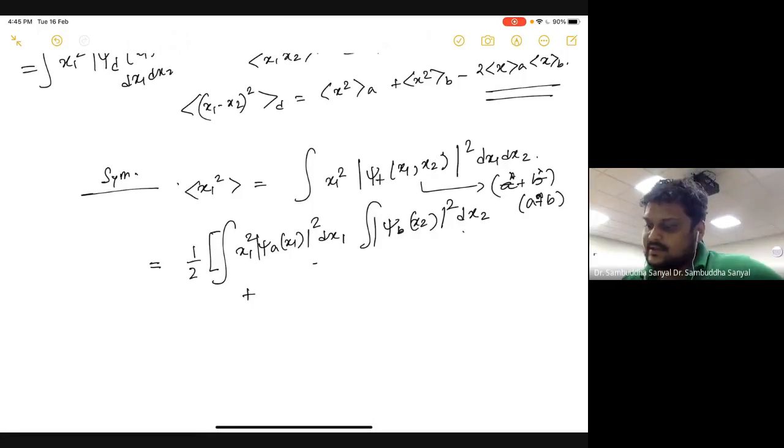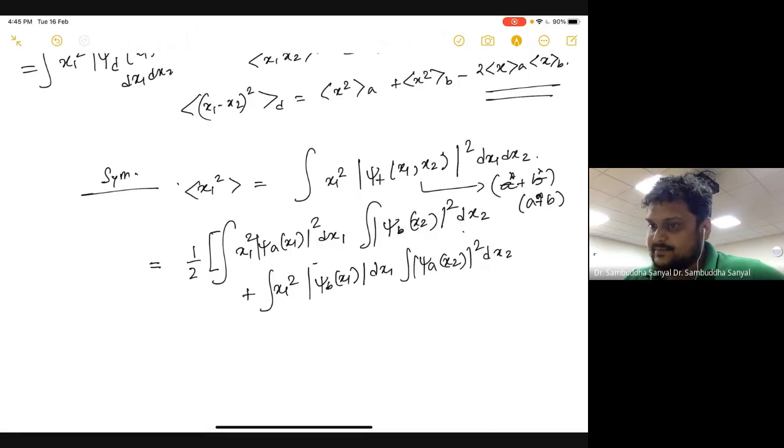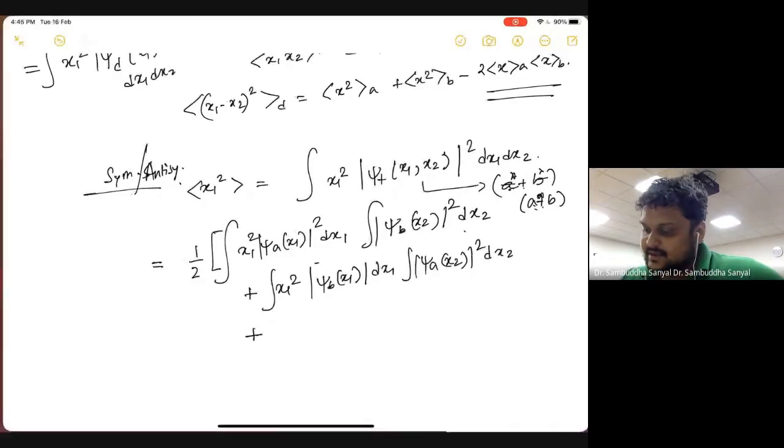Let's write down these 4 cross terms: psi b x1 dx1, psi a x2 dx2. This has symmetry or anti-symmetry, so depending on that, it has either plus or minus. The square terms, a square and b square type terms, will always be plus, but these ab terms can be minus.